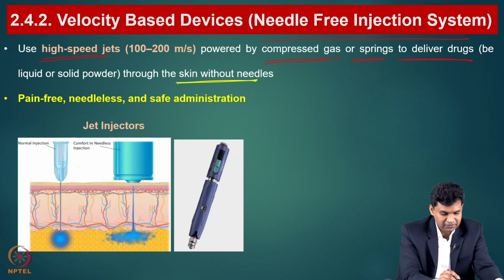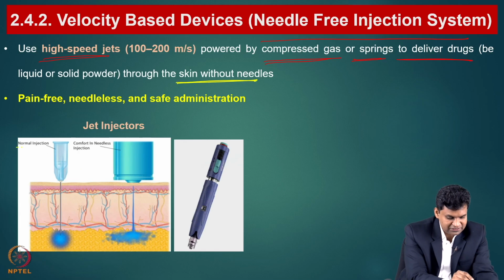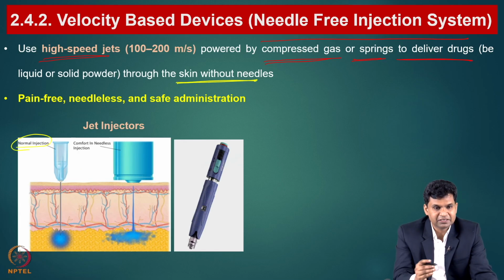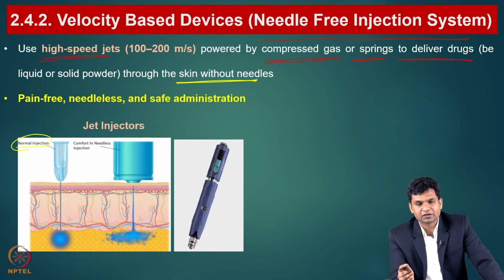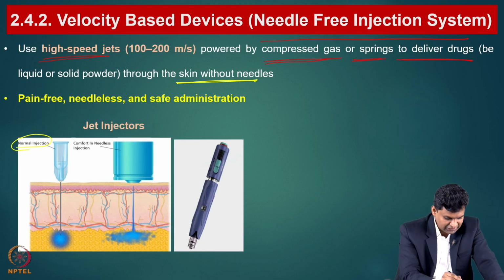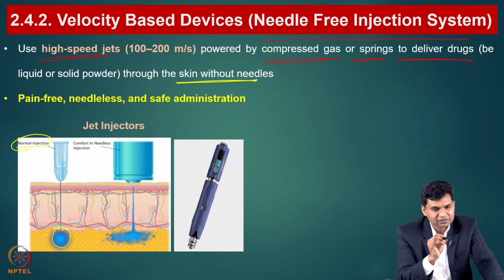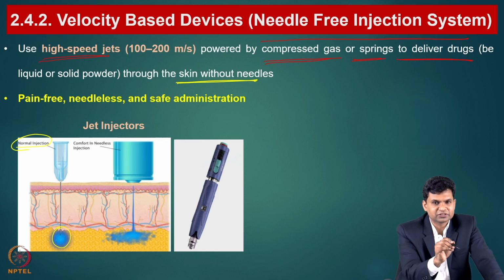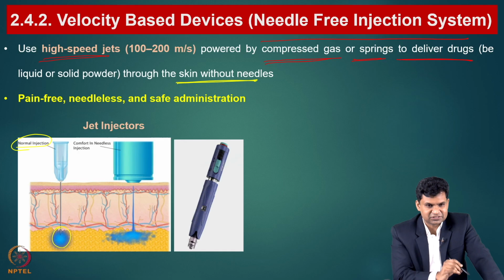Now, you can see the normal injections, which may be intradermal or intramuscular, right. So, the needle needs to be passed into the deeper layers and then will give the injection through the syringe.